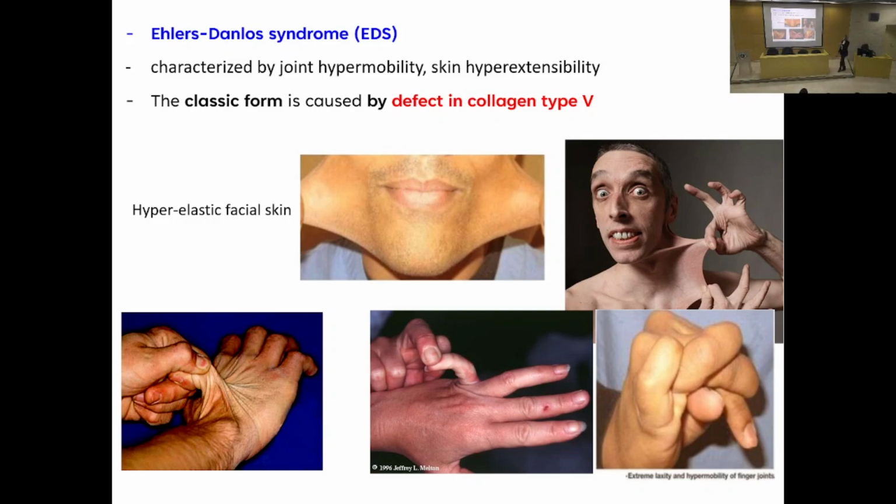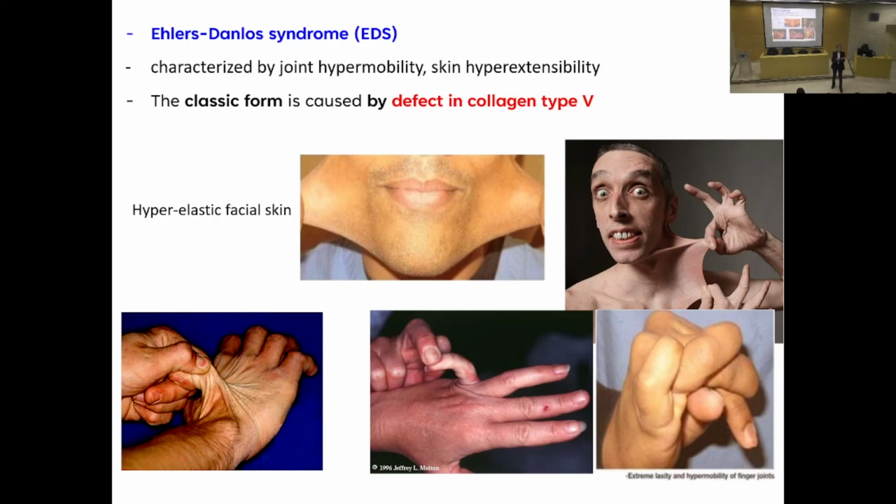The second feature is what we call hypermobility of the joints. Normally all the fingers have a kind of resistance because of the joint.